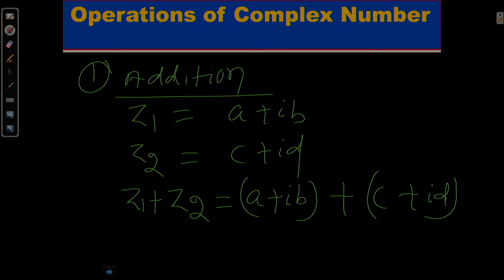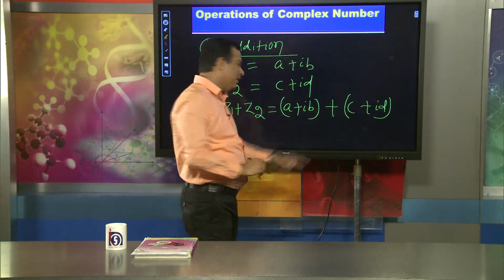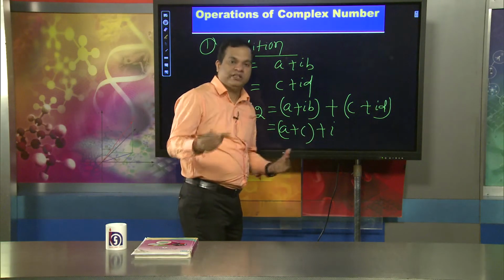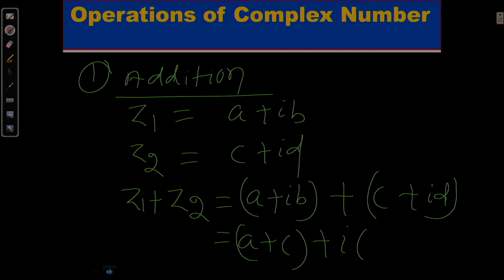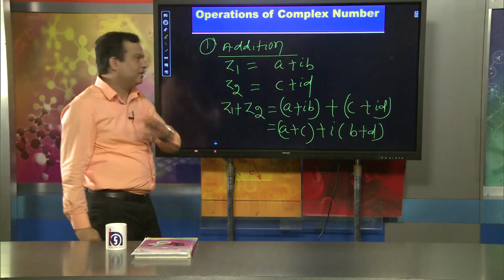In addition, the real parts will be added to each other. That means I can write A plus C, plus i into B plus D, because the corresponding imaginary parts will be added to each other. This is the way of adding two complex numbers.